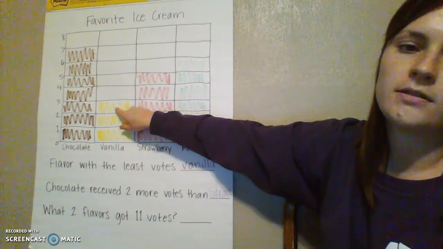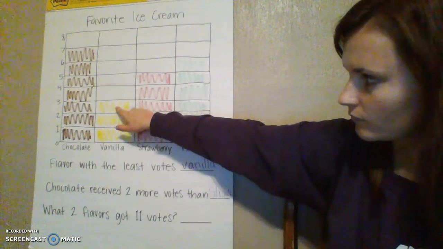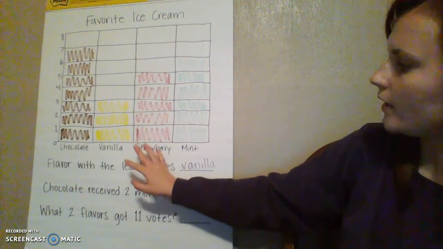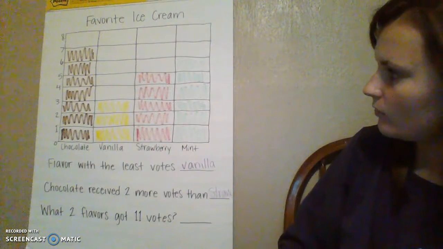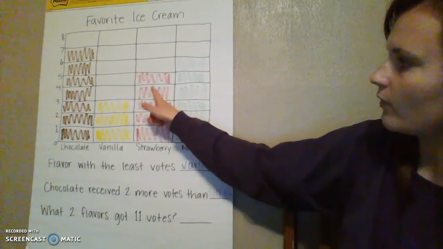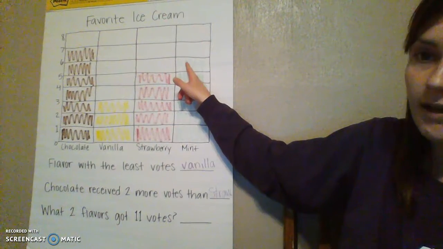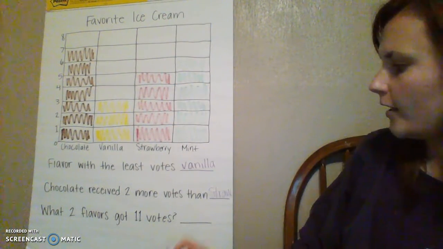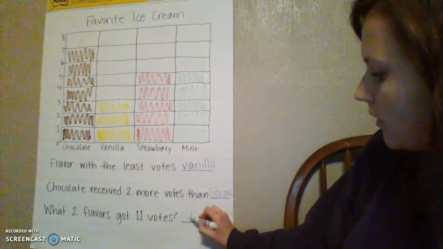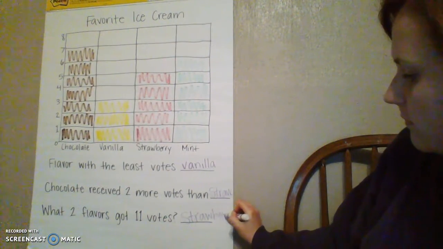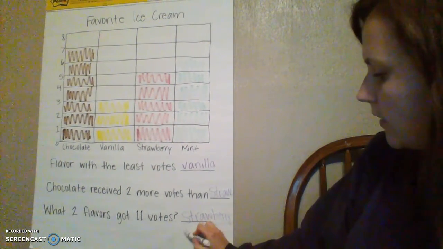Okay, so I know it's not chocolate and vanilla because it did not reach 11 votes. Okay, now I'm going to try strawberry and mint and see if I get to 11. 1, 2, 3, 4, 5, 6, 7, 8, 9, 10, 11. So strawberry and mint are the 2 flavors that had 11 votes.